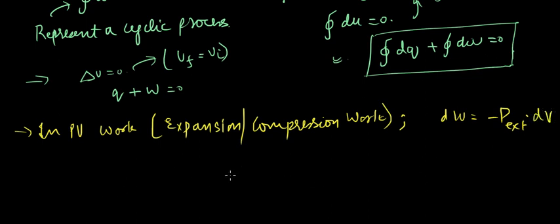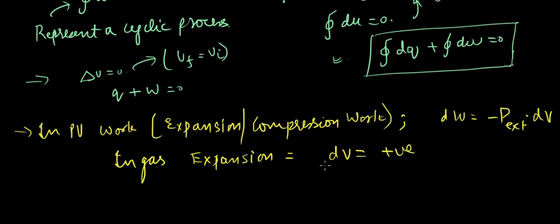Okay, and for gas expansion we can write that dV would be positive, hence dW would be negative. Why? Because dV is positive and dW is minus P external dV, so dW would be negative.